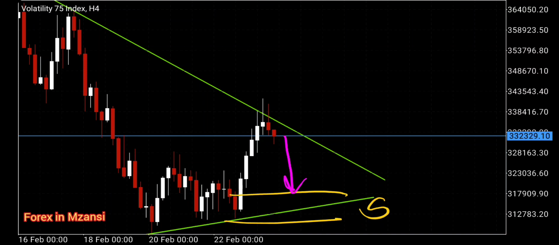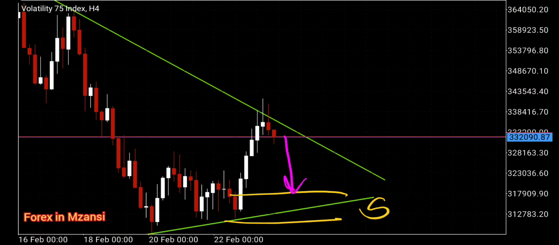All right? So I would say to you, because remember, we all know that the price is at that daily support, weekly support, monthly support, which means at any time it can go for a very long-term bullish trend, but it hasn't yet given us a reason to say that that thing is gonna happen now.